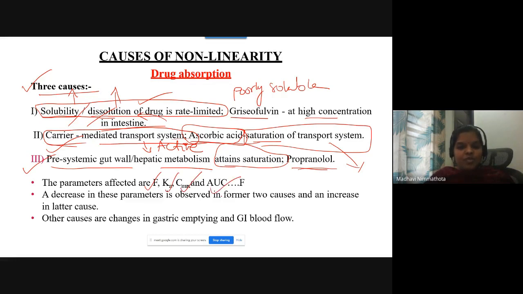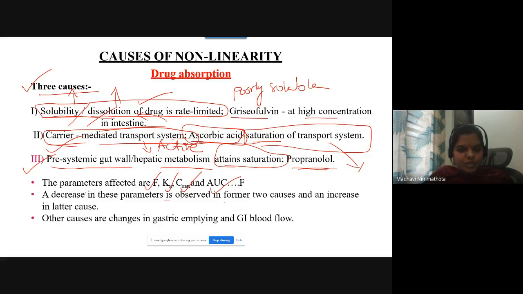All these four pharmacokinetic parameters get affected because of the non-linearity seen in drug absorption. A decrease in these parameters is observed in the former two cases. In case of pre-systemic gut wall or hepatic metabolism, they will increase. That is, the drug absorption is more than the expected absorption.